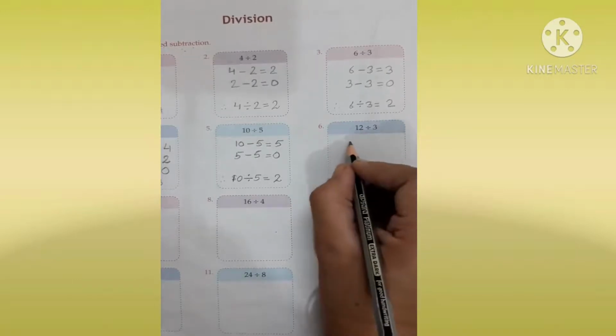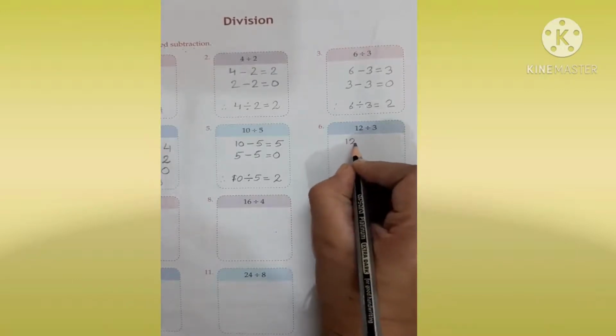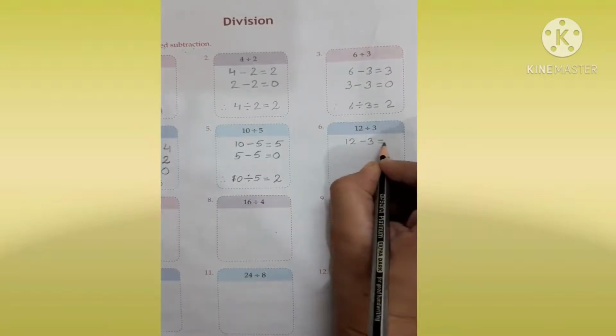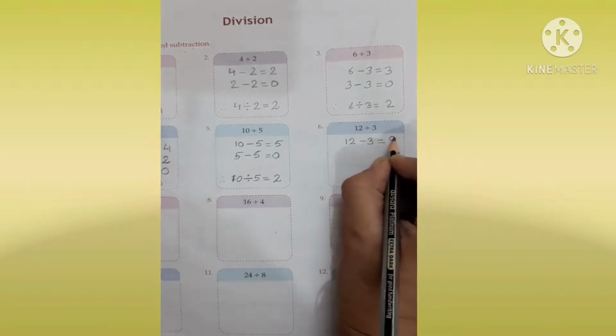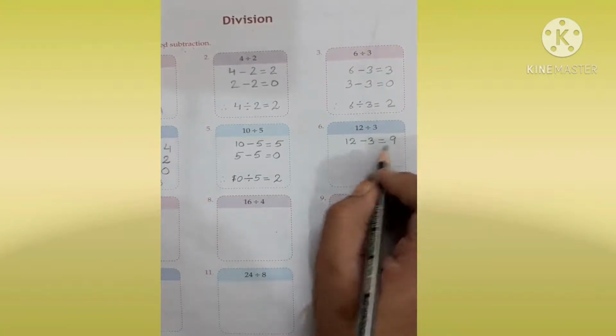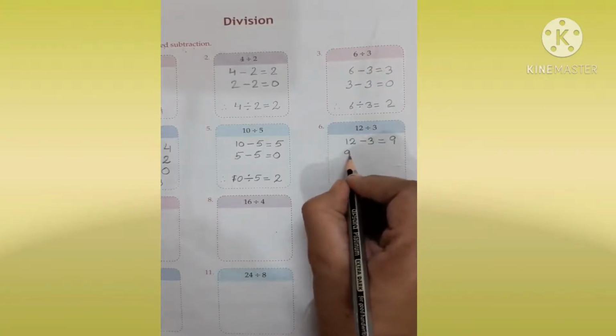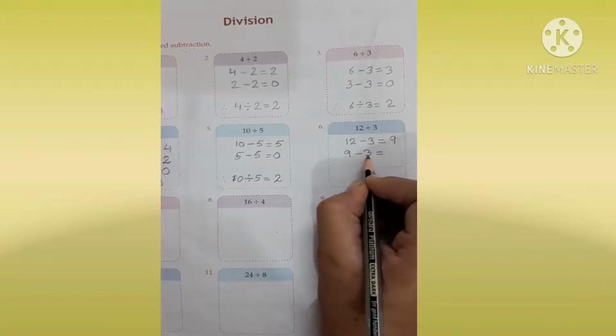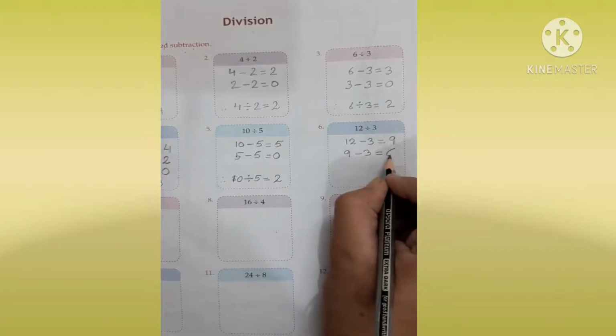12 divided by 3. So 12 minus 3 is equal to 9. You write this 9 here. 9 minus 3 is equal to 6.